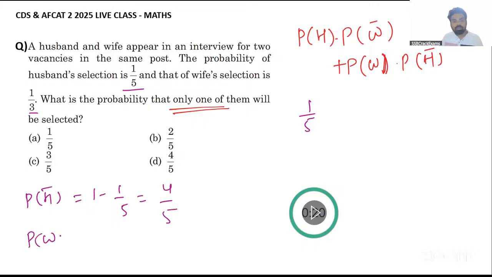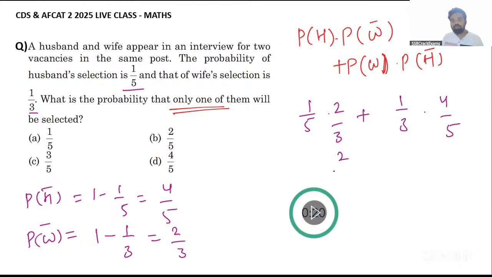Probability of wife's selection is 1 upon 3, so the probability of wife not being selected is 2 upon 3. So 1 upon 5 into 2 upon 3 plus wife's selection 1 upon 3 multiplied by 4 upon 5. So it is 2 upon 15 plus 4 upon 15. It is 6 upon 15.